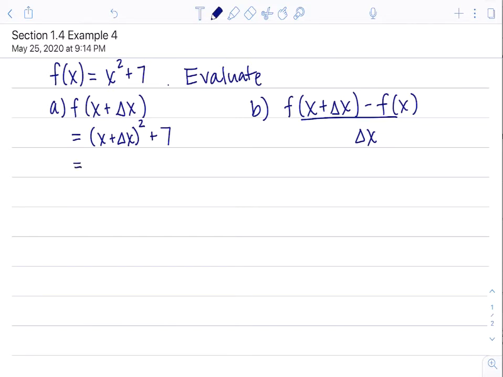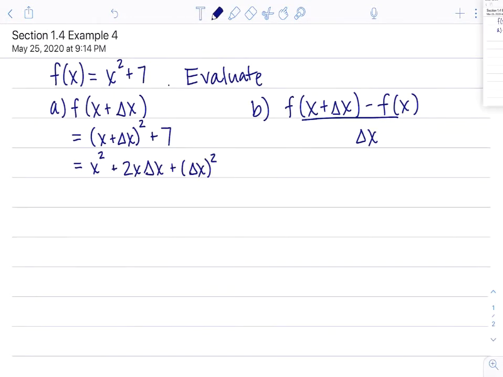This term will show up a few times over the next few sections, so it might be helpful just to remember what this one does. This is the square double square shortcut, where you square the first term, x squared, then you multiply the two terms together. x times positive delta x is x delta x, and you double that, so that's positive 2x delta x, and then the last term is (delta x) squared.